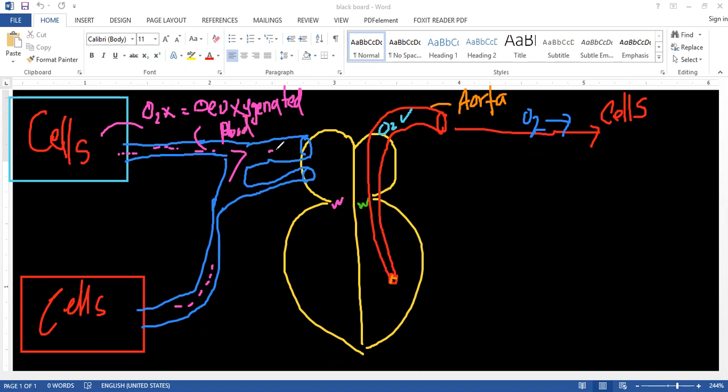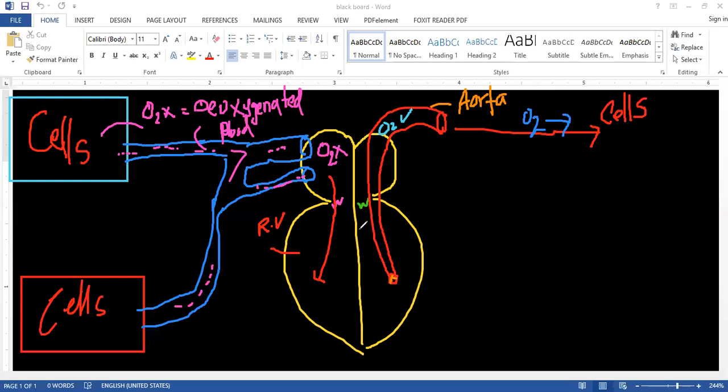Now this blood is coming through this one, and here is no oxygen blood. That blood is moving through these tubes, going where? It is going where? Tell me. It is going to the right ventricle.